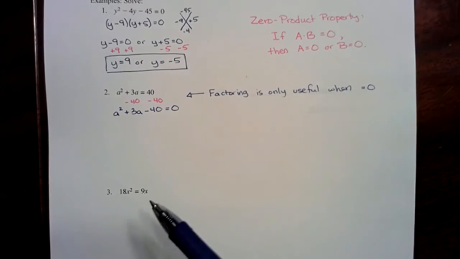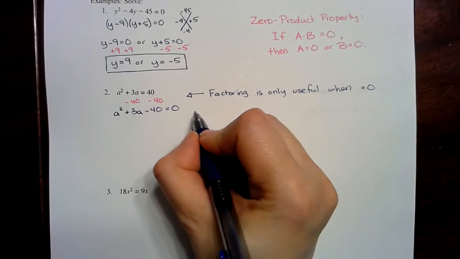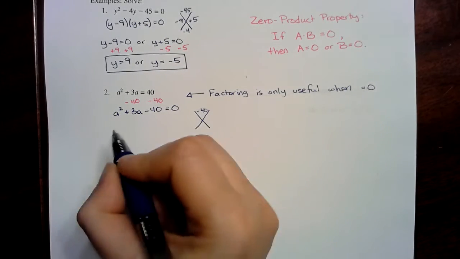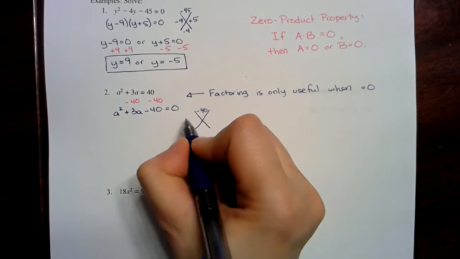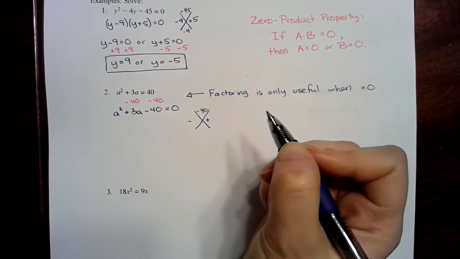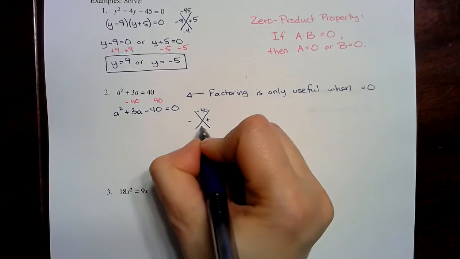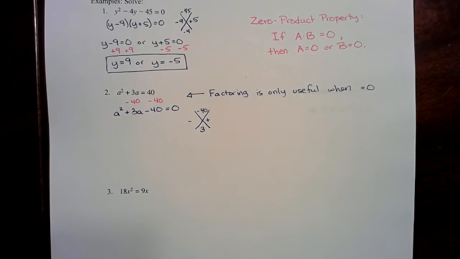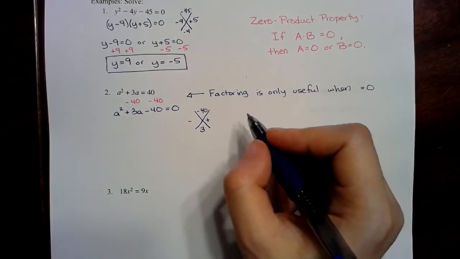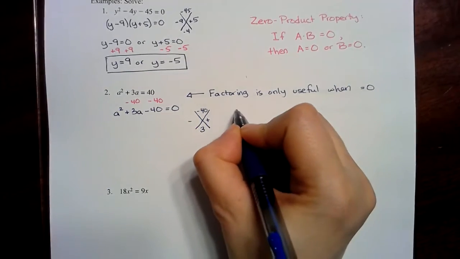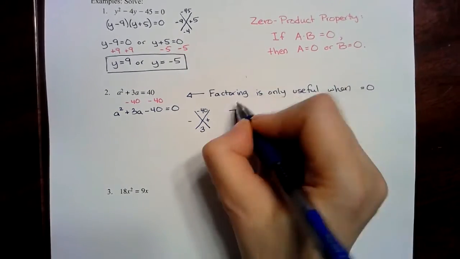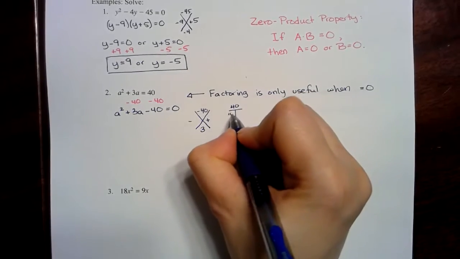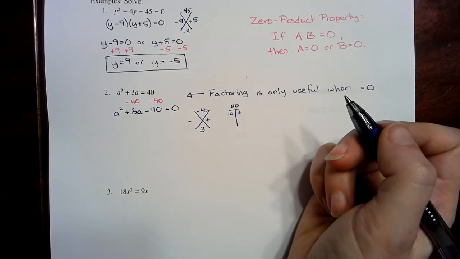And now we have something that looks a lot like the example above. I'm looking for two numbers that multiply to negative 40. So one will be negative and the other will be positive, and add up to 3. So let's see what those numbers could be. We could have 10 and 4.